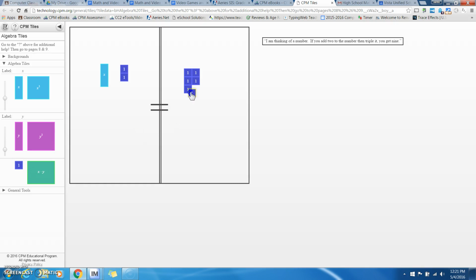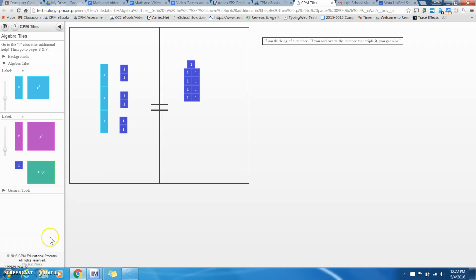What does that look like? So here's 6, 7, 8, and here's our 9. Tripling it means we're tripling this side here. So I'm going to add another x, and another x, that's tripling that, and another 2, and another 2 after this. Okay, so now I've tripled it.